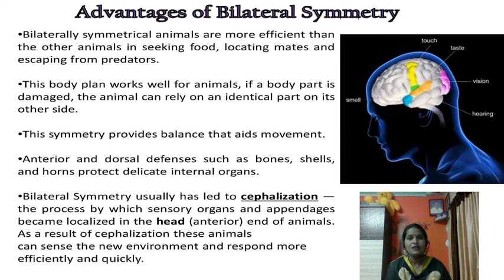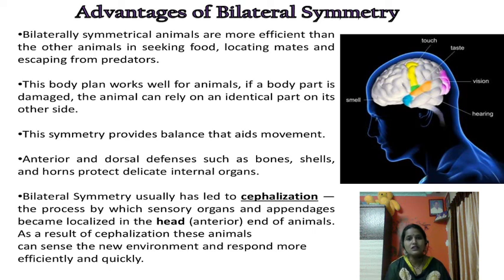This body plan works well for animals. If a body part is damaged, the animal can rely on an identical part on its other side. That means if one hand is damaged, we can do the same work with the other hand. This symmetry provides balance that aids movement.